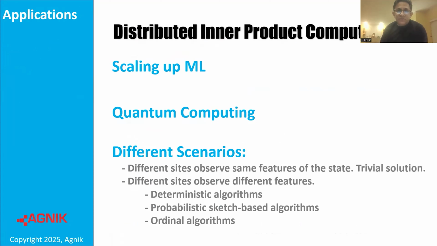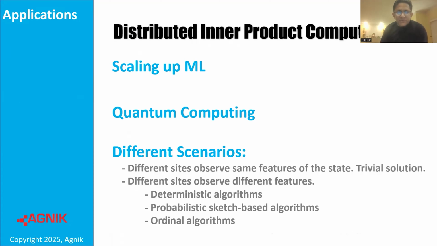Distributed inner product computation is also used in other fields, for example, quantum computing. In quantum computing, if you're trying to compare two states, typically distributed inner product computation algorithms are used, using varieties of sampling techniques and other techniques, like Pauli sampling and stuff like that.